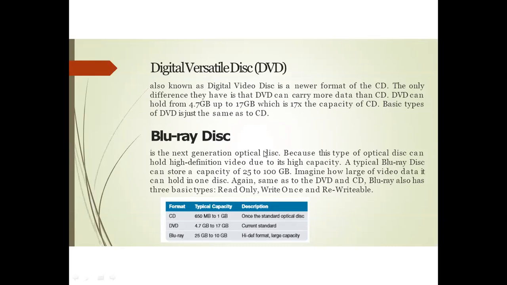Then the next one is the Blu-ray disc. Blu-ray disc is the next generation optical disc because this type of optical disc can hold high definition video due to its high capacity. A typical Blu-ray disc can store a capacity of 25 to 100 gigabytes.